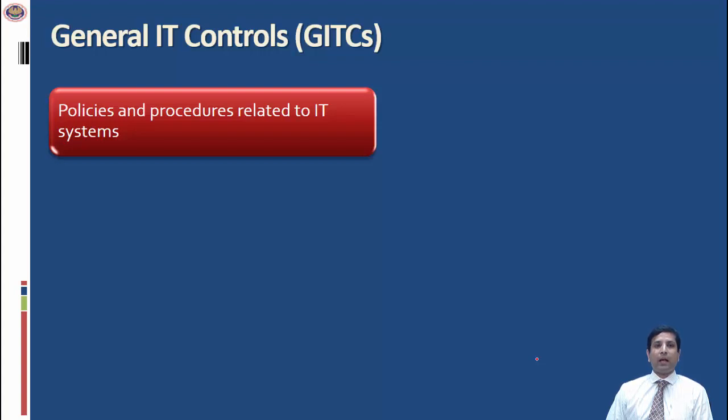Like every company has implemented ERPs and systems, and to manage and maintain the systems, certain policies and procedures with respect to the ERP and IT system will be required to be implemented by the company. These policies and procedures are very similar to any other policy procedures which the company has implemented, for example, the HR policy or a purchase policy or any other policy which is required by the company.